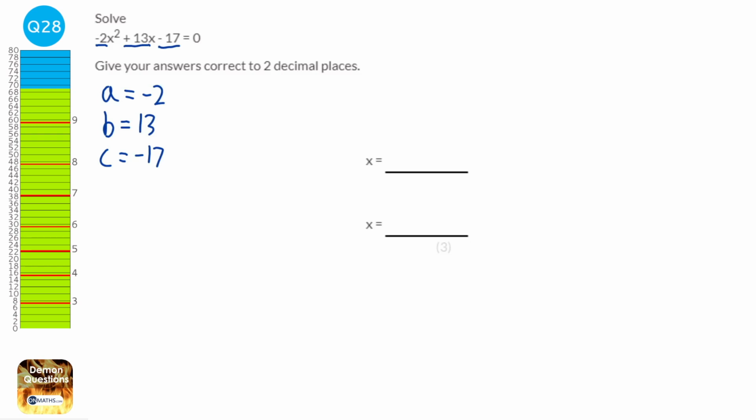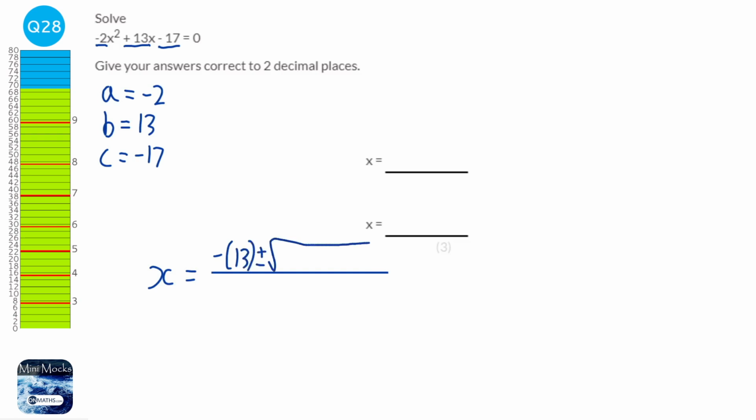We're going to write out the quadratic formula, so it's x equals minus b. Now I always put these into brackets, so I'm going to first of all just do the fraction first, just so we've got nice formatting on it. So we're going to have minus brackets b plus or minus the square root of brackets b squared minus 4 times a in brackets times c in brackets.